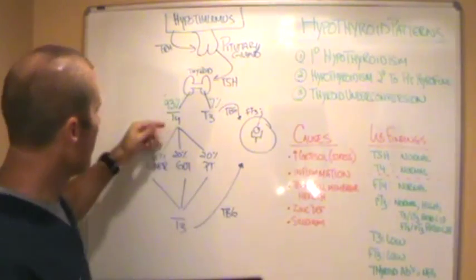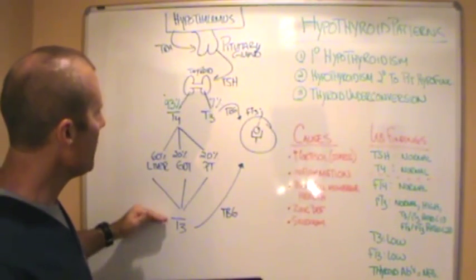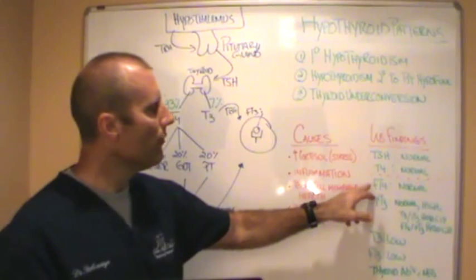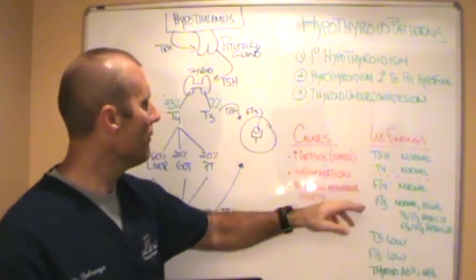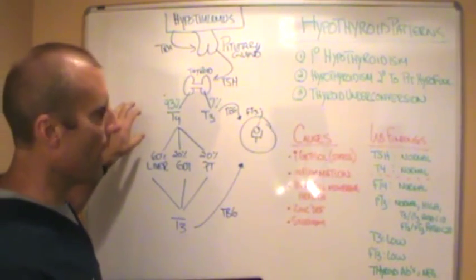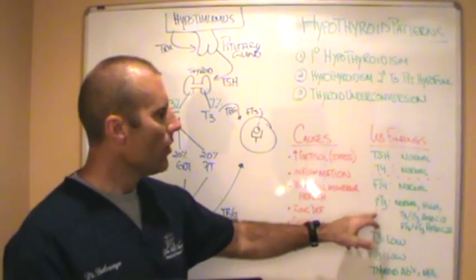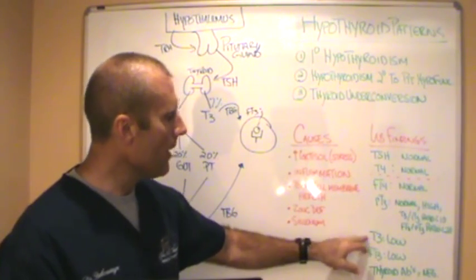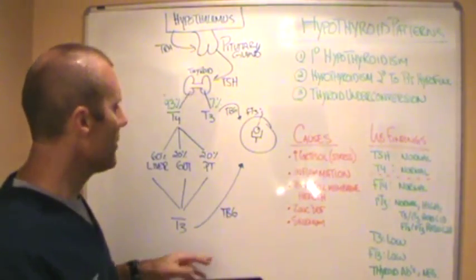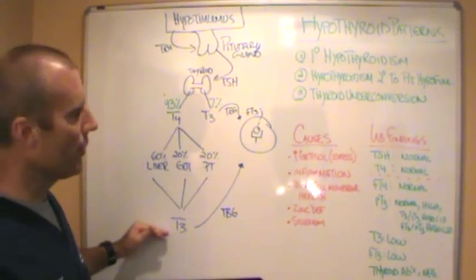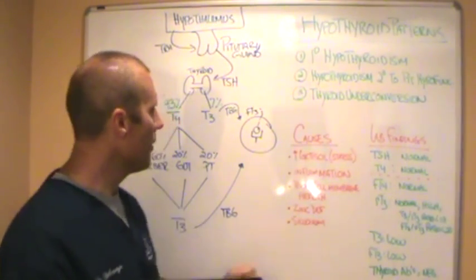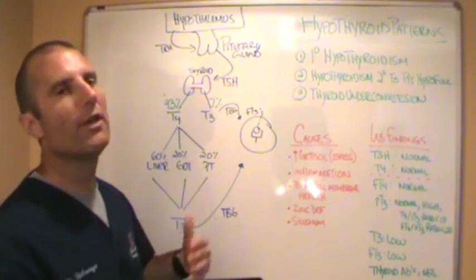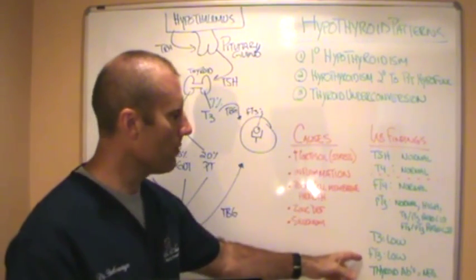However, the conversion process from T4 to T3 is breaking down. So if we run a more complete panel, we'll look at free T4, and the free T4 levels are adequate in this situation. Our T3 levels will be low overall because the conversion is not occurring. If T3 is low, the free T3, the available T3, is probably going to be low as well.